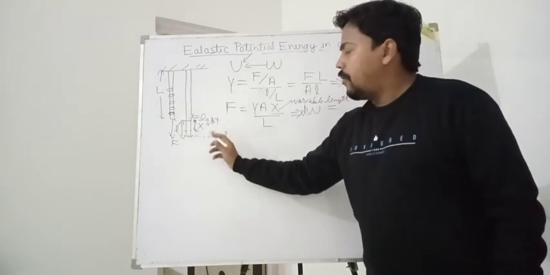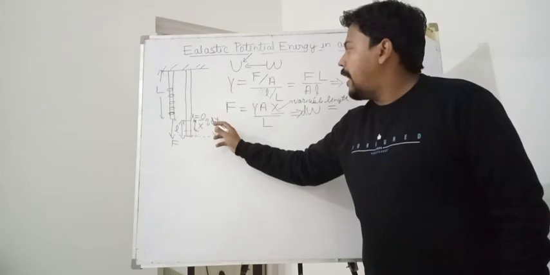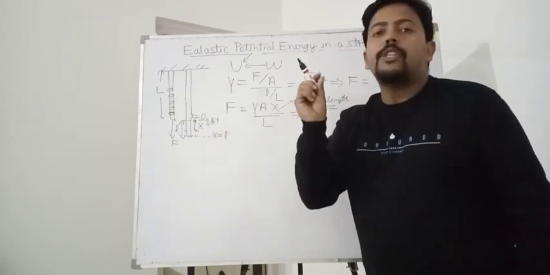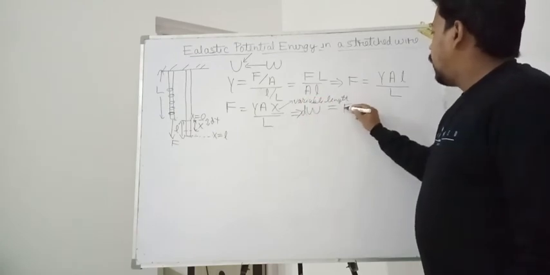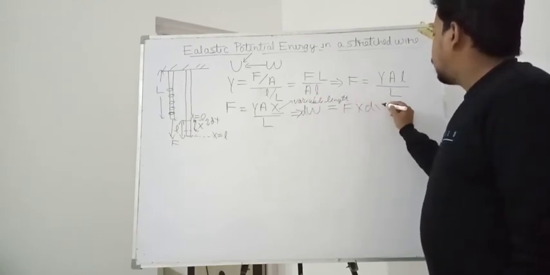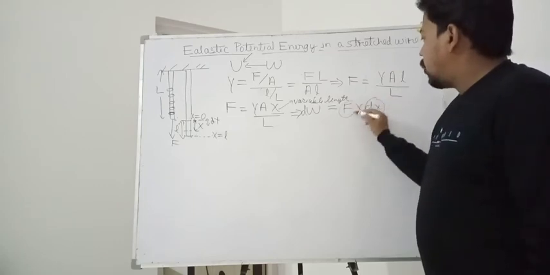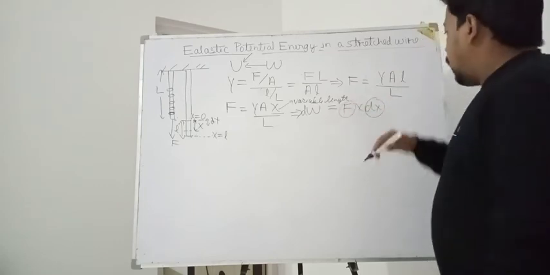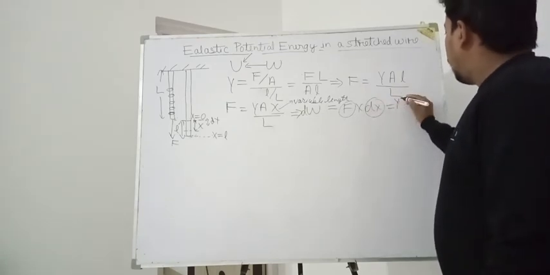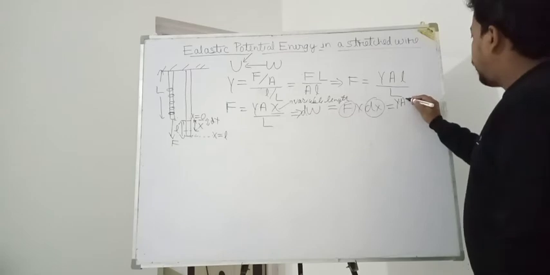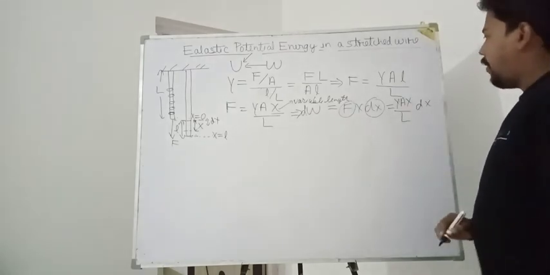I told you many times when studying motion in a straight line that if I represent any quantity with d, it is very small. This force into dx, the displacement, is the work done. So we get gamma into A into x upon L into dx.